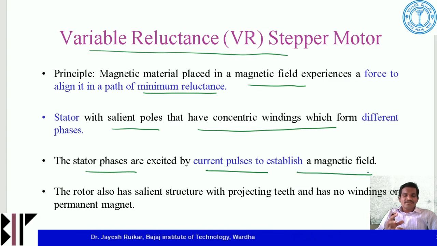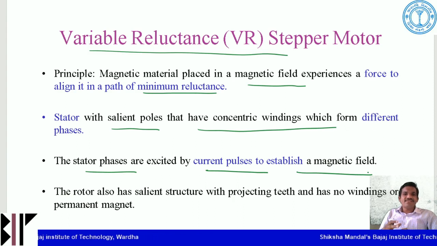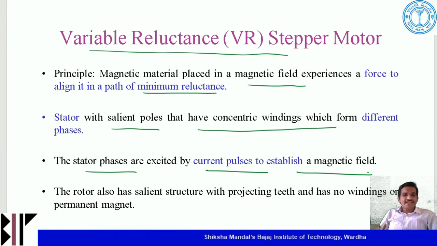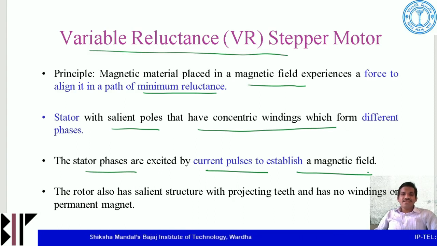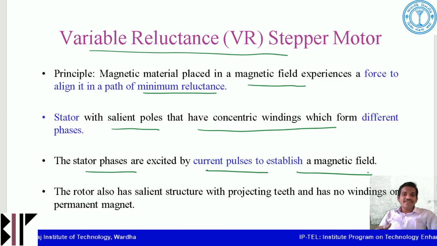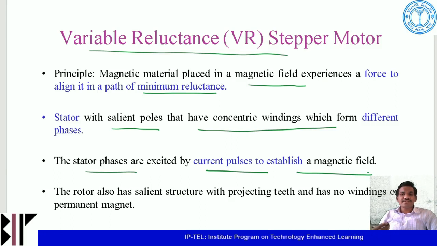I'm repeating, the stator has windings with different phases, which we will see again. Then the stator phases are excited when we give a current pulse, or driving pulse, and that driving pulse generates a magnetic field.